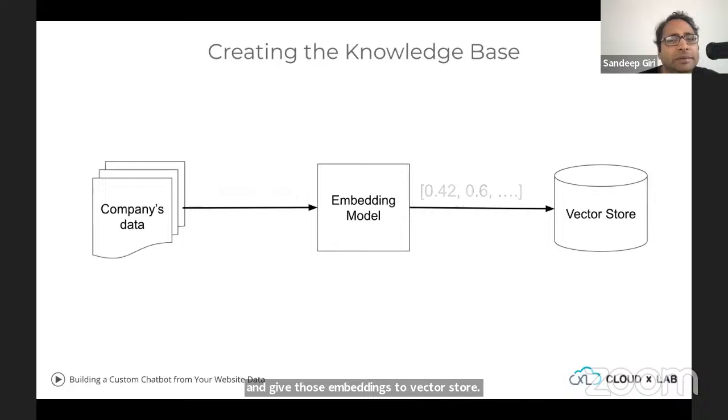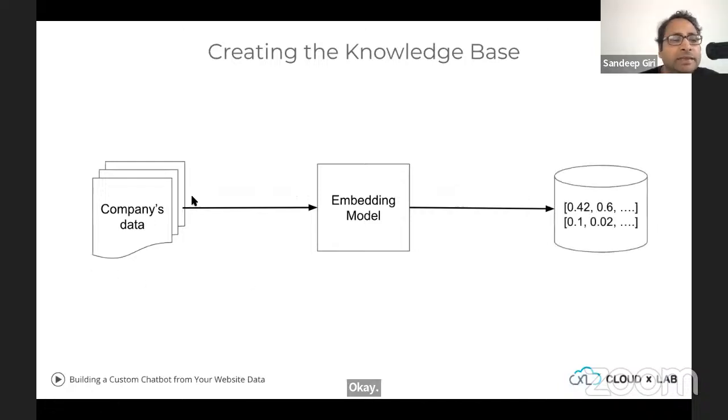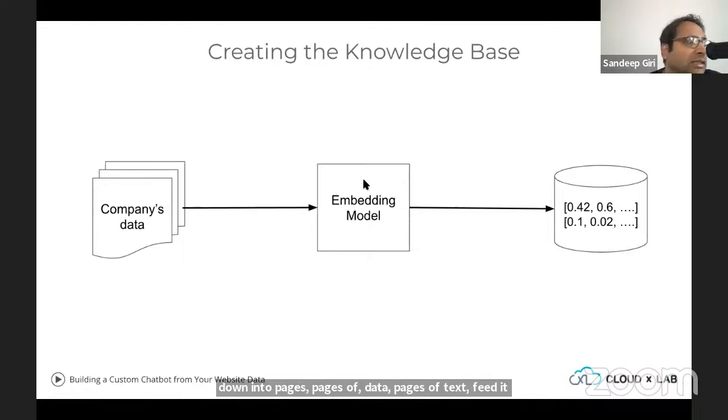So this is a company's data. It could be PDF, HTML, text, docs, or inside Google Docs. It could be on some other data source such as Dropbox or Google Drive. You extract all the information, break it down into paragraphs or pages of text, and feed it to the embedding large language model.